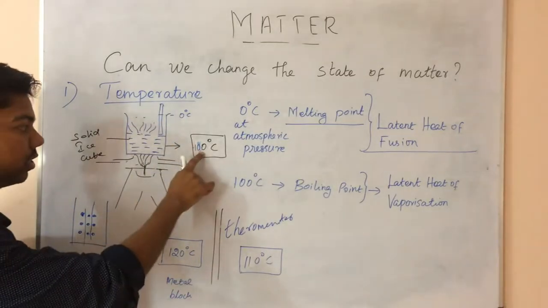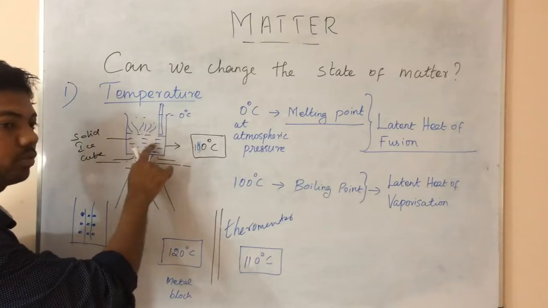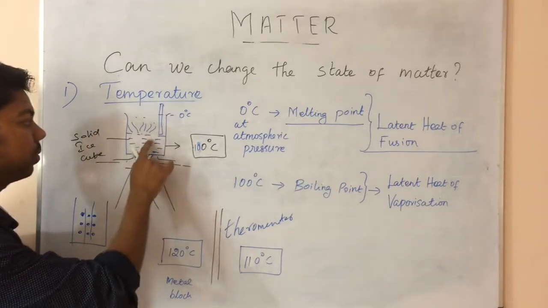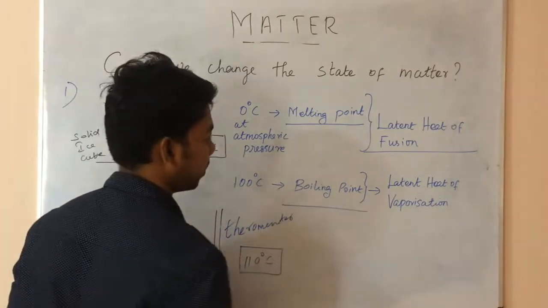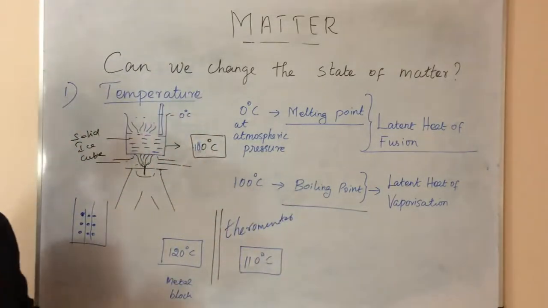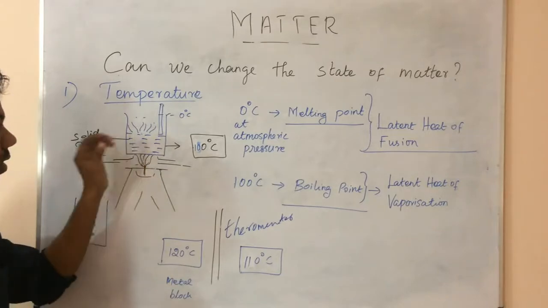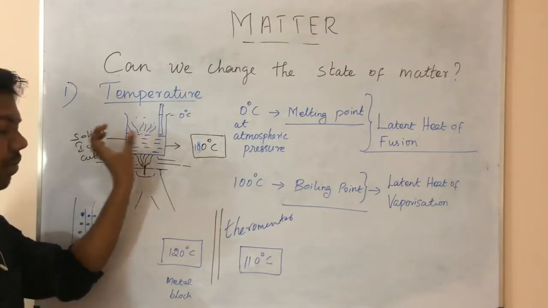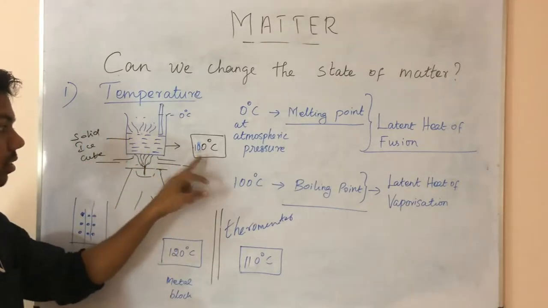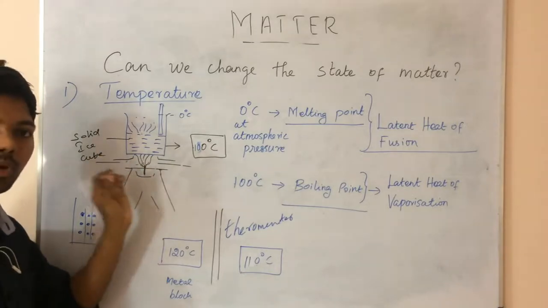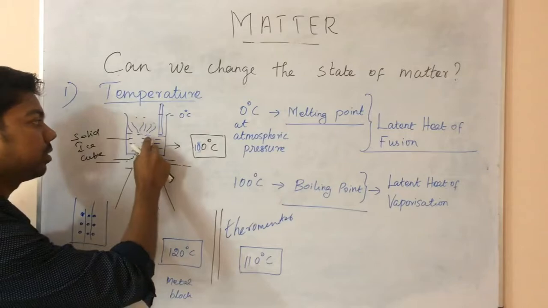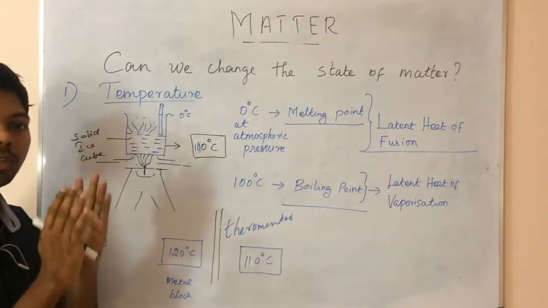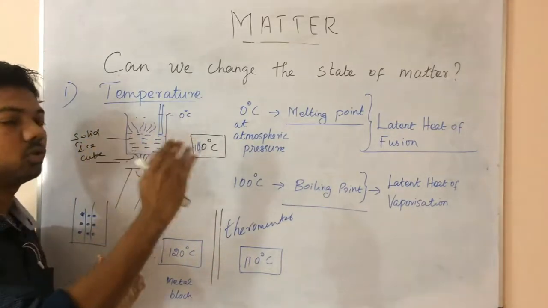At this temperature, the formation of water vapor from the liquid state is known as the boiling point. As in the case of latent heat of fusion, here at 100 degrees Celsius, even though you supply more heat into the system, there is no change in temperature, but the formation of vapor from liquid still occurs.